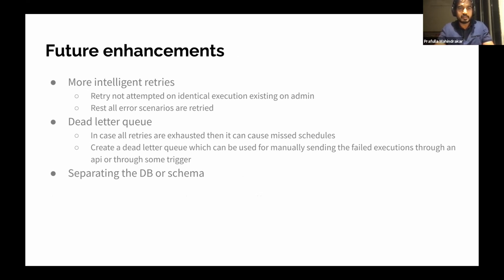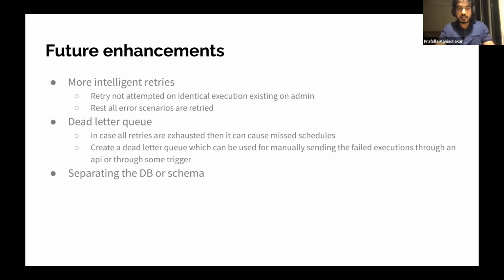And the other one, as I mentioned, is the dead letter queue. In case of retries being exhausted and we have some missed schedules, we want to create records which can then be retried later, maybe manually or through some triggered job, which can read this information and then send those missed schedules to the admin again.